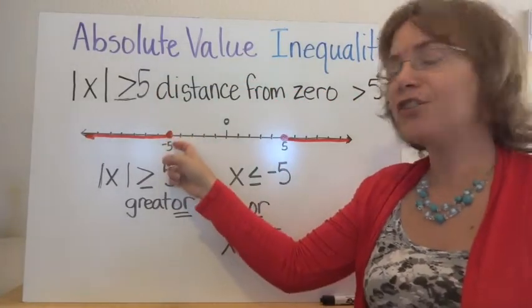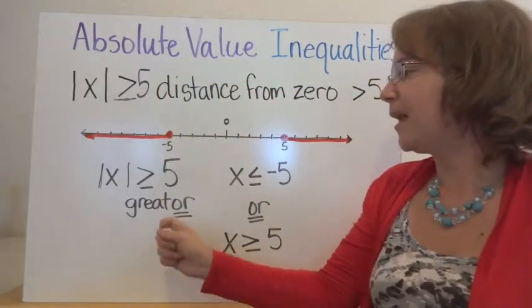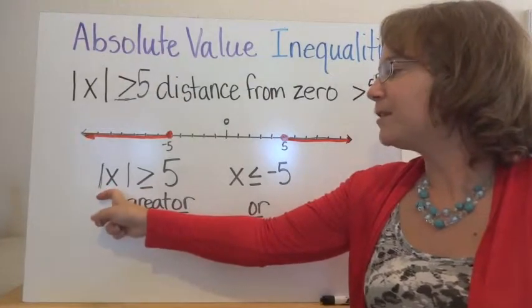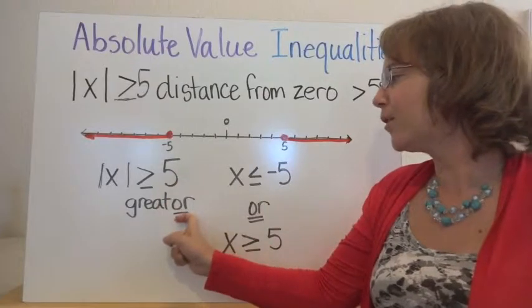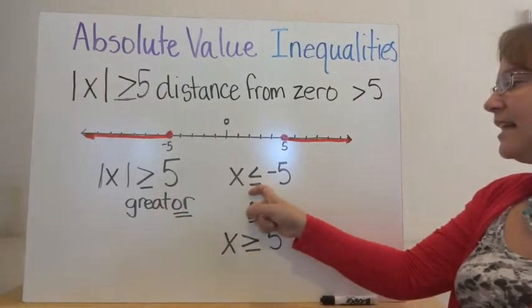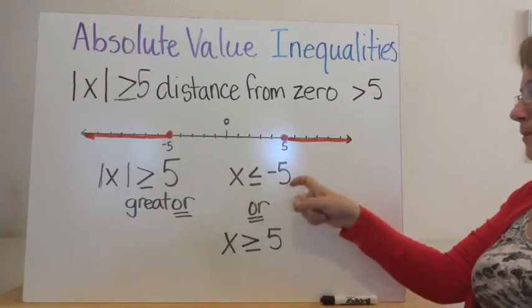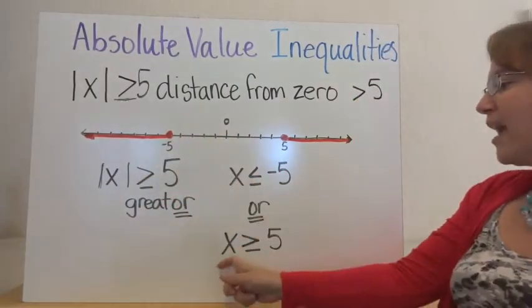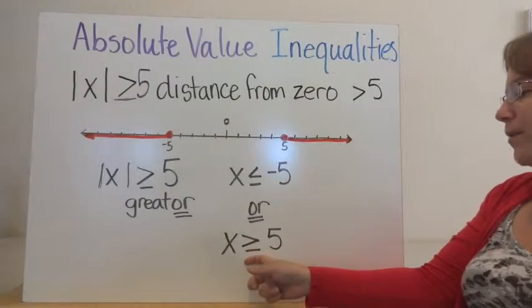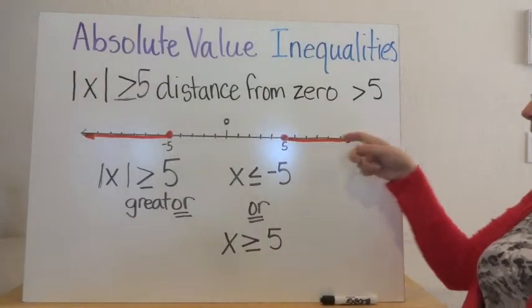So when we're looking at our solutions, we can write them in an algebraic way. Remember, when we have the absolute value of x is greater than or equal to 5, we have the ors, and so we have x is less than or equal to -5, that's this part right here, or x is greater than or equal to 5, and that's this part right here.